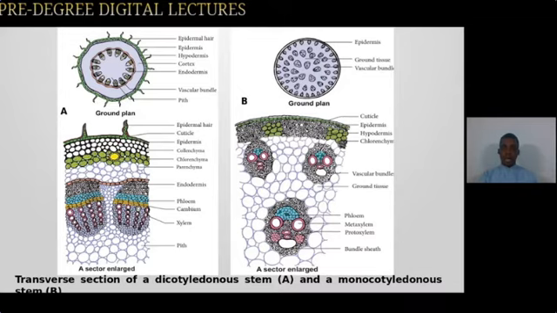The lower picture there just shows an enlarged sector of each of the stems. So there you can find all the structures we've talked about: epidermis, cortex, vascular bundle, pith, cambium, endodermis, parenchyma, etc.